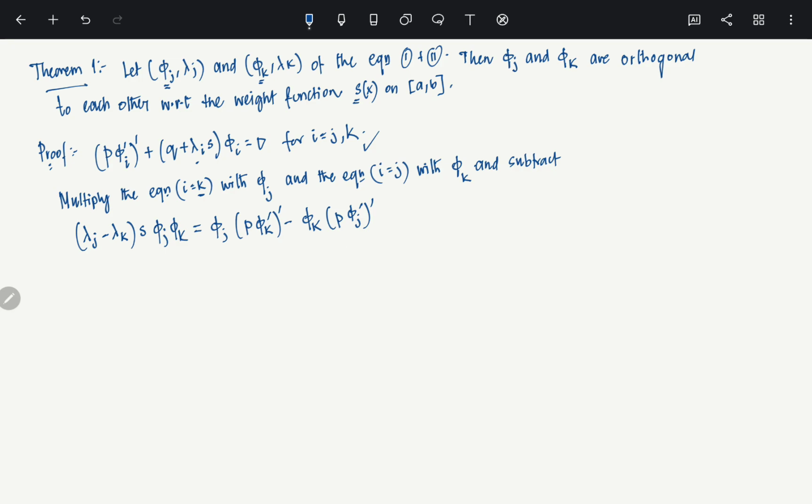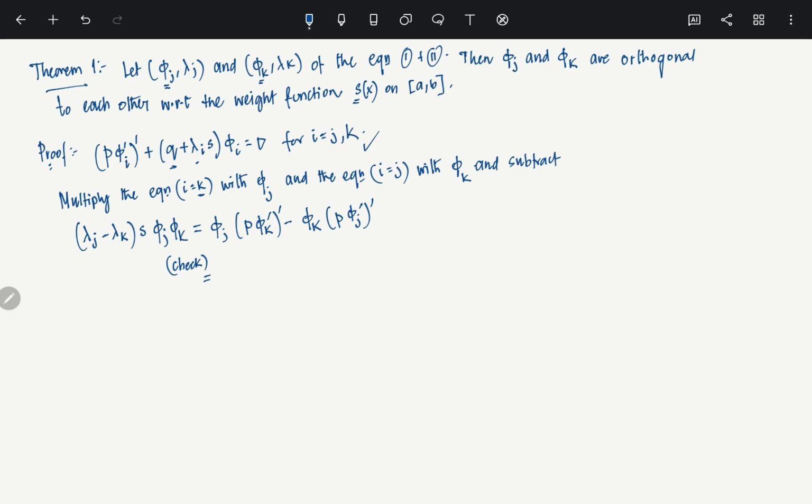If it is not clear, please do it yourself, and you can see this is happening. You see this q term, q phi k phi j, gets cancelled, so there is no q term. Now this part I need you to check. It is very simple, but please check it.